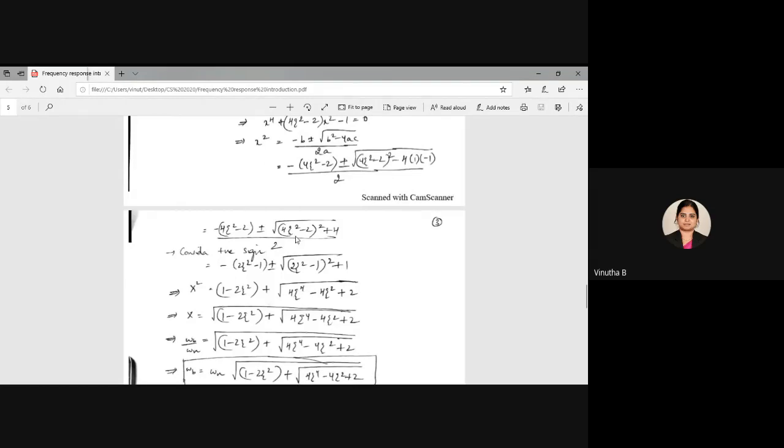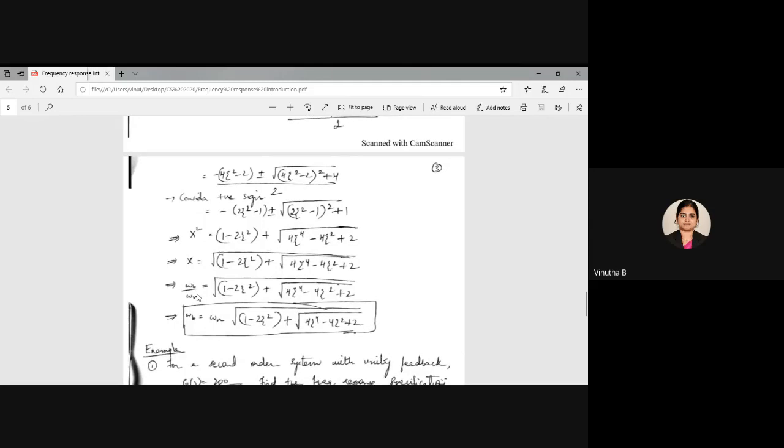Okay, 2 is taken out as a common factor, and this denominator goes, so you will be left with minus 2 zeta square minus 1 plus or minus square root of 2 zeta square minus 1 the whole square plus 1, which implies x square is equal to 1 minus 2 zeta square plus square root of 4 zeta to the power 4 minus 4 zeta square plus 2, where I multiplied the negative sign inside so this will be positive, and I write down the positive term first.